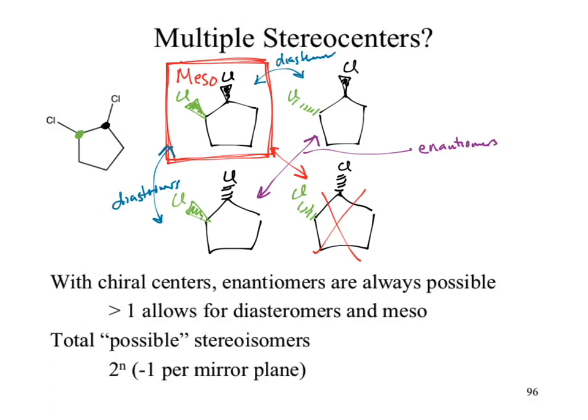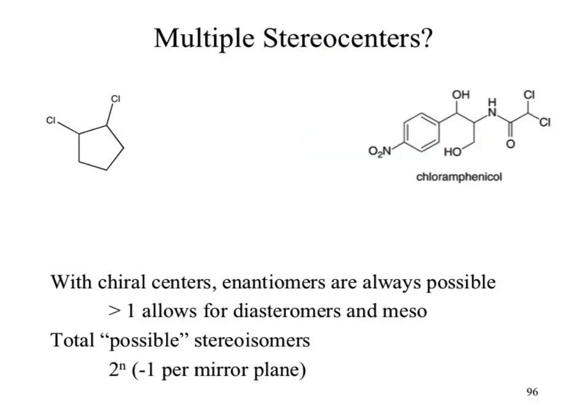Most of what you are trying to go through and do in this chapter is classify your compounds according to enantiomers, diastereomers, meso, and all that kind of fun stuff. And so it's coming up with ways to recognize those patterns and to find those relationships as quickly and efficiently as possible. Okay? So if I gave you this drug, how many stereoisomers are possible for it?